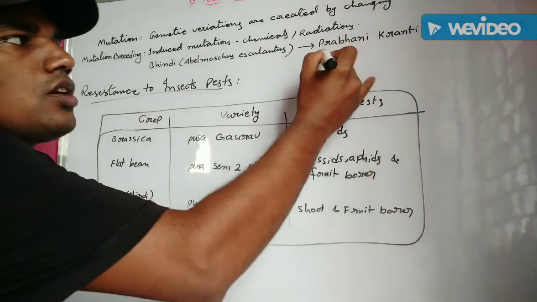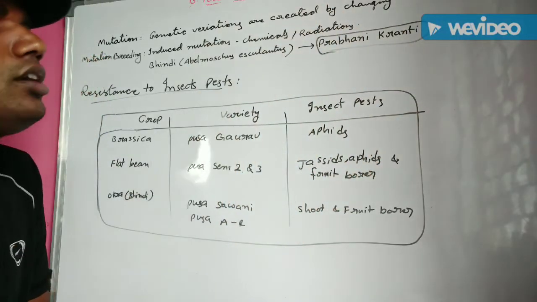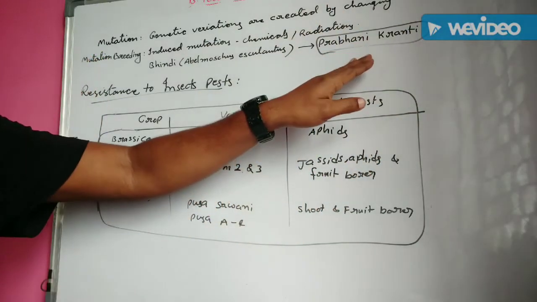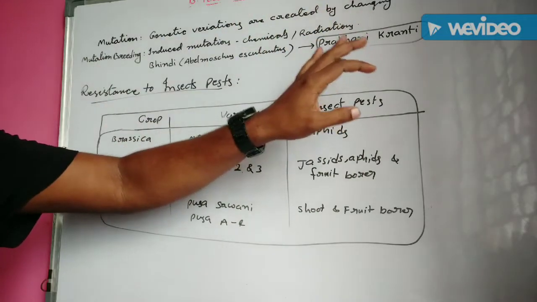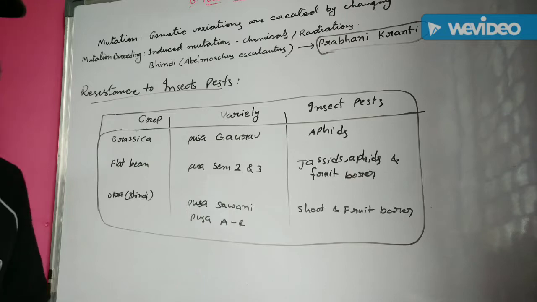The new variety is known as Prabhani Kranti. Prabhani Kranti is helpful for resistance to yellow mosaic virus.